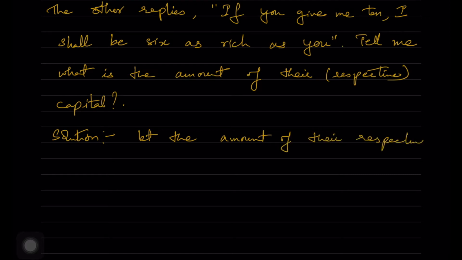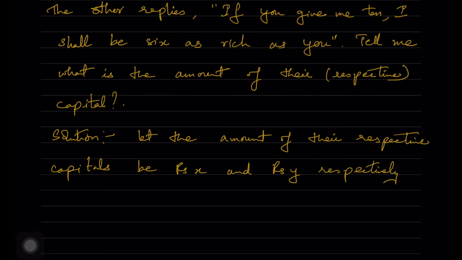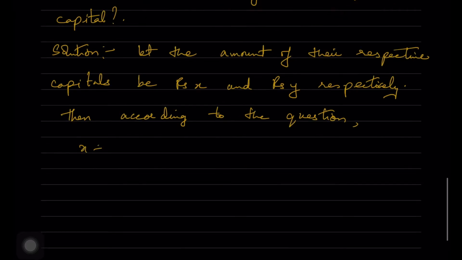If you give me 100, friend, I shall become twice as rich as you, means I am taking 100 from you. So I will have x plus 100 and you will have y minus 100 at that time. So x plus 100 is equal to 2 into y minus 100.